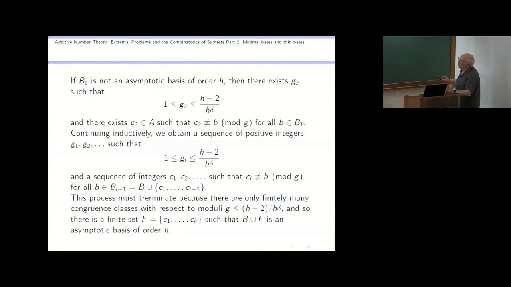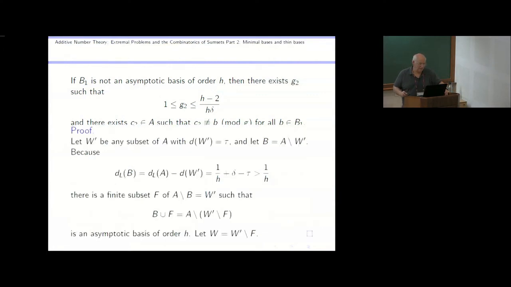But this process has to terminate because there are only finitely many G's that satisfy this inequality. And so there are only finitely many different congruence classes modulo a modulus bounded by H minus 2 over H delta. Therefore, there is a finite set of elements in A where B together with that finite set is an asymptotic basis of order H. All right? So we actually got to use Kneser's theorem.